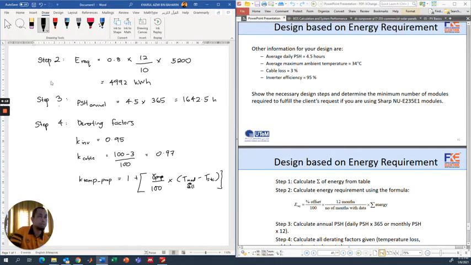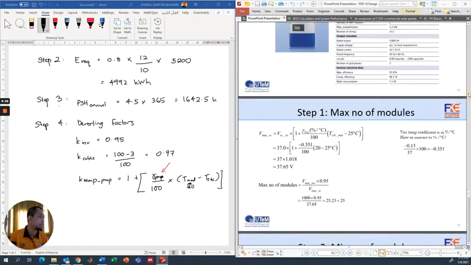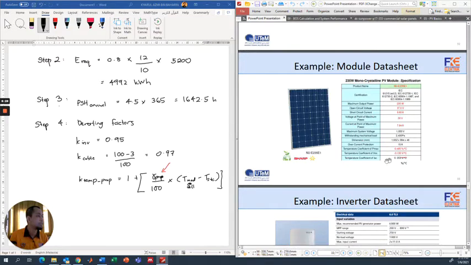So first we need to check back what is the value of gamma PMP. Gamma PMP refers to the temperature coefficient of power. So we go back a few slides just to check on the module. The temperature coefficient of power here is given as negative 0.485% per degree C.